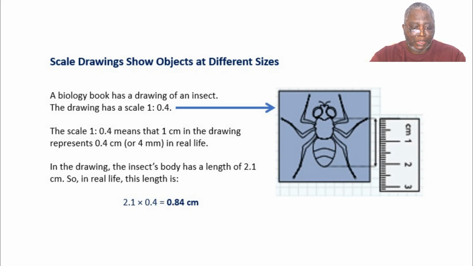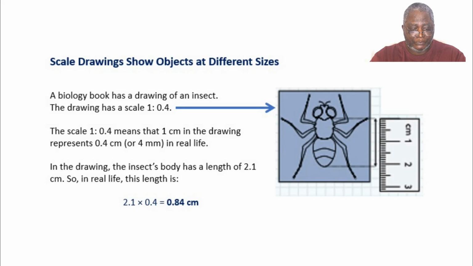A biology book has a drawing of an insect. The drawing has a scale of 1 to 0.4. The scale 1 to 0.4 means that 1 centimeter in the drawing represents 0.4 centimeters or 4 millimeters in real life. In the drawing, the insect's body has a length of 2.1 centimeters.